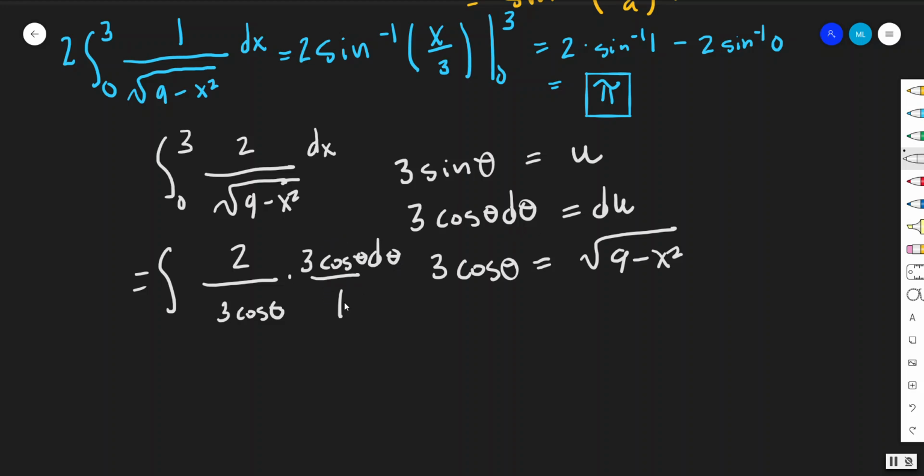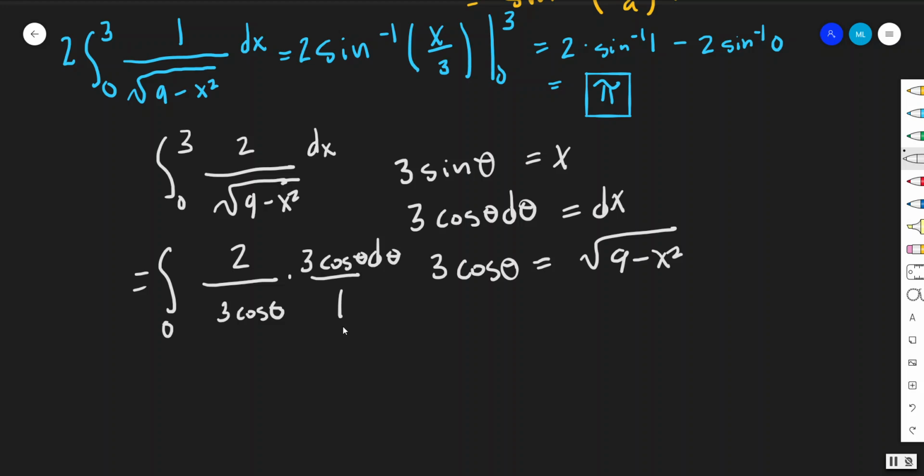But then from there, you have the limits of integration. Well, if you plug in, I think I might have used x's. Let me just go ahead and change that really quick. Okay, let me change that to an x, and that to an x. So when x is 0, theta is 0.